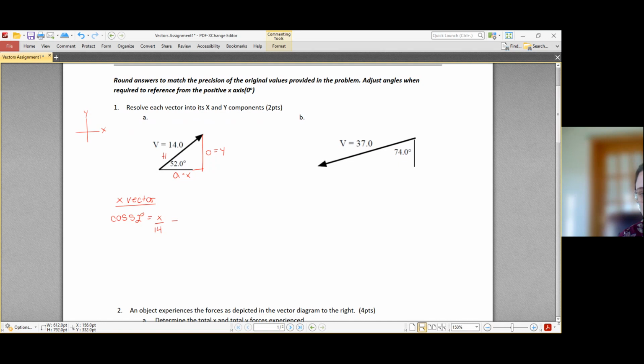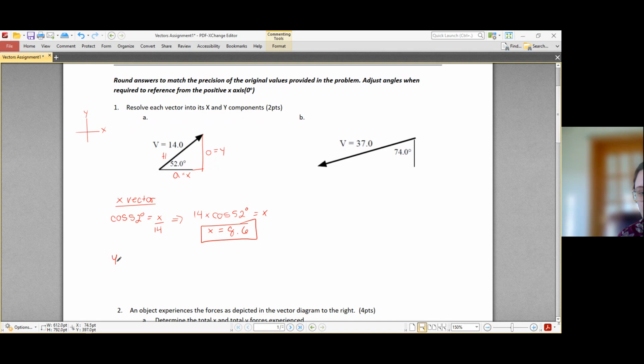Rearranging that is going to give us 14 times the cosine of 52 degrees equals x. And x is equal to, putting it into your calculator, you should have got 8.6. Okay, so that's our x component.